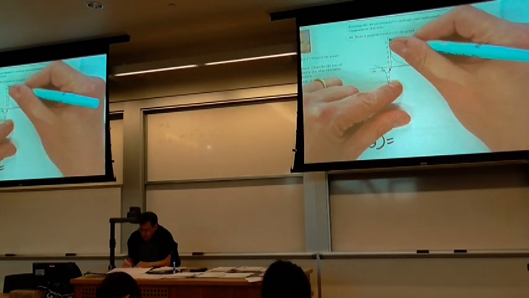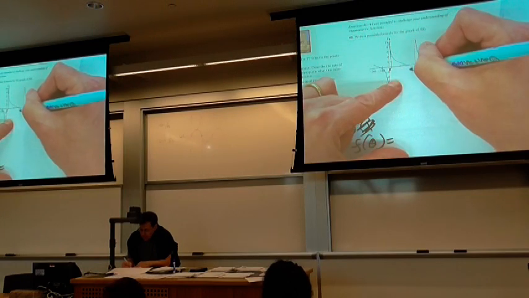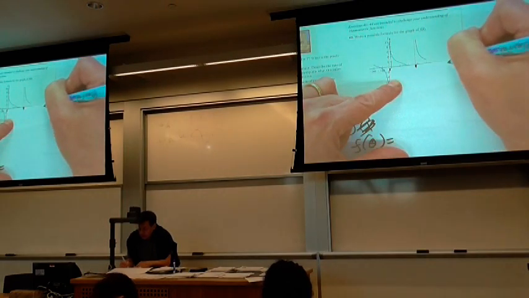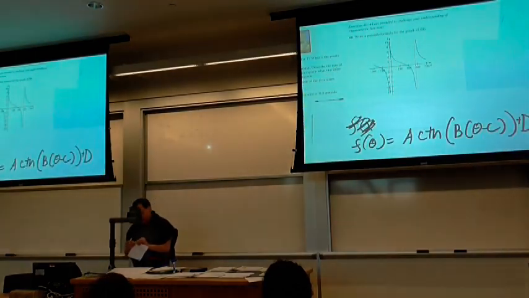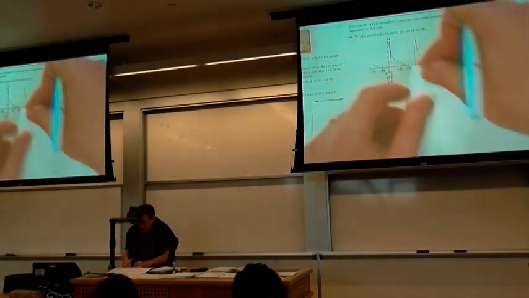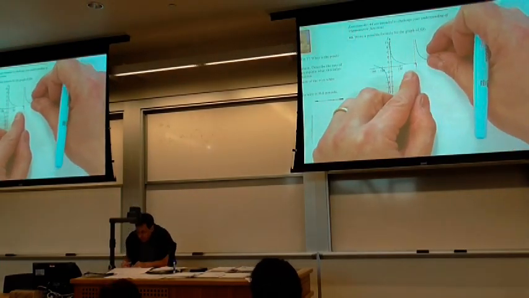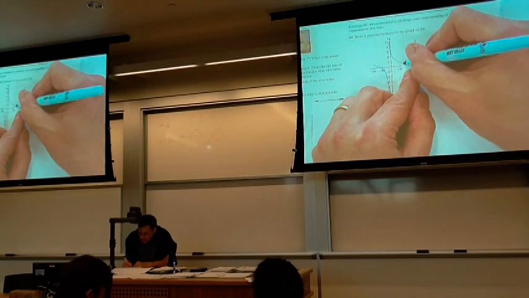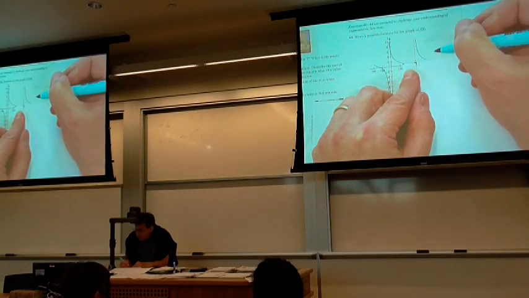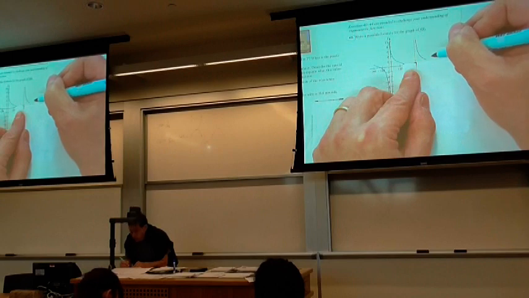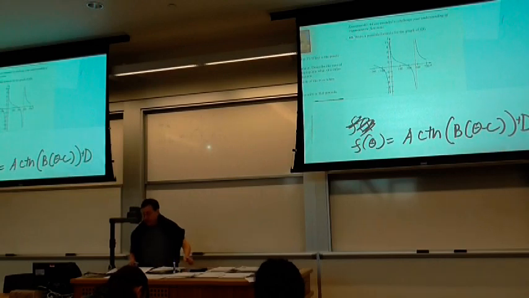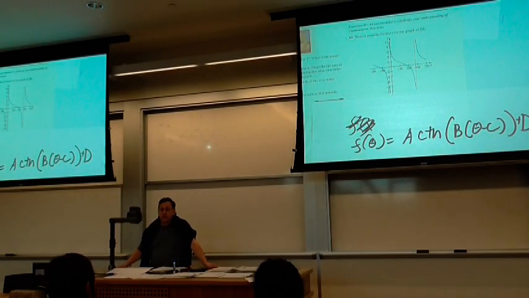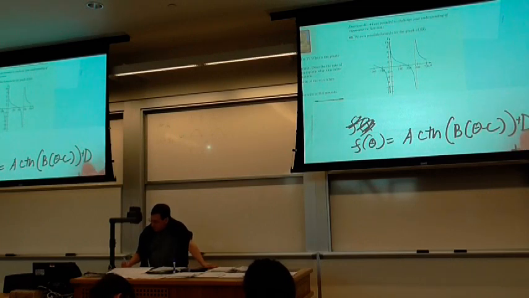And we know the cotangent or the tangent is normally going to cross the x-axis right in the middle. So, again, I'm going to just fold this in half. I'm going to say, all right, where does that happen? Seems to happen right there at 1. Yeah, that looks like 1, right? So that tells me immediately what? Which of these letters does that let me know? That D is 1, right, my D is 1, right?